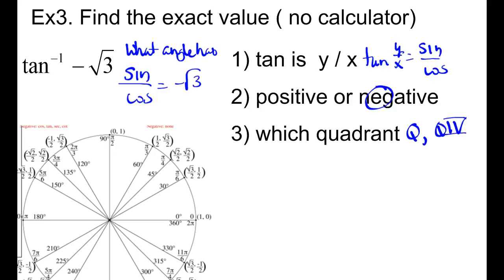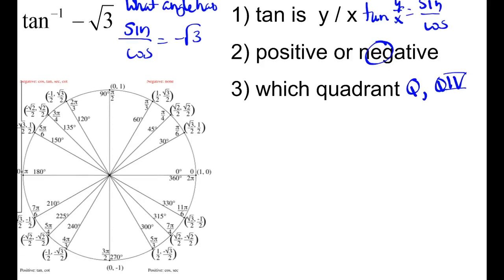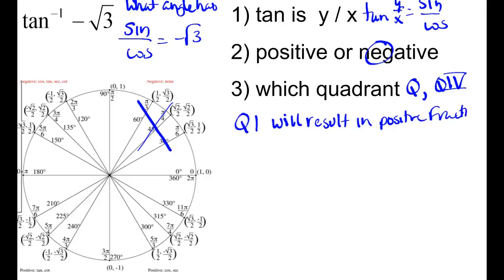Okay, so I know that this fraction has to simplify to a negative number, which means quadrant 1 is out. Q1 will result in a positive fraction. So I can't use him because if I put y over x, I'll get a positive number.